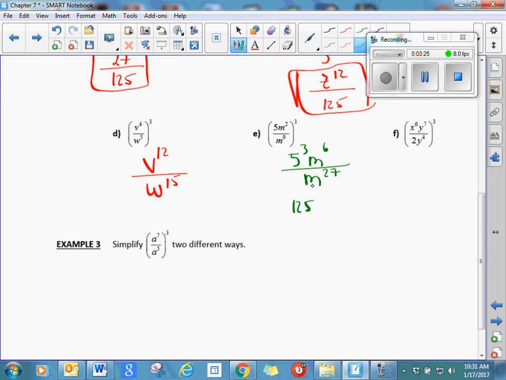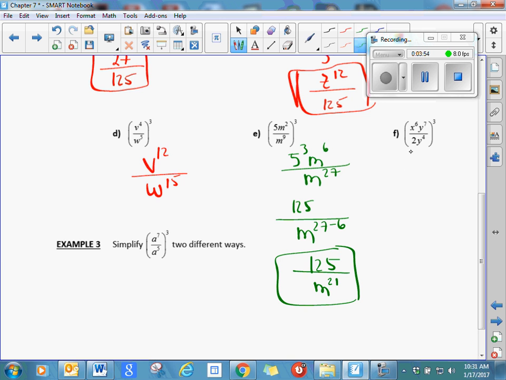M to the 6th, m to the 27th. This is our division rule. We can simplify this to m to the 27 minus 6. Remember that 27 is bigger than 6. So that's where our subtraction is going to go. And that's where our remainder of the exponent for m is going to go. So that is m to the 21.